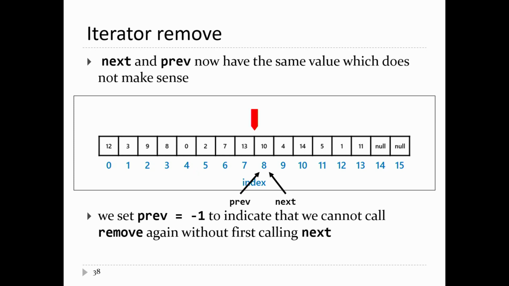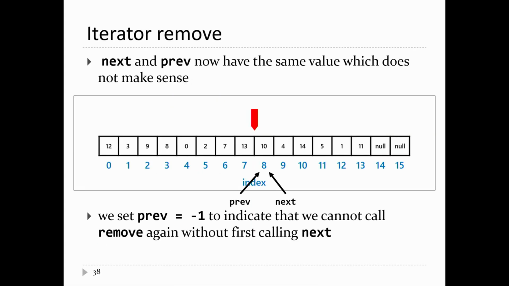So I need some way to indicate that I've called remove already. The easiest way to do that is simply to set previous to -1. Then I can always look at the value of previous to determine whether or not we can safely call remove.